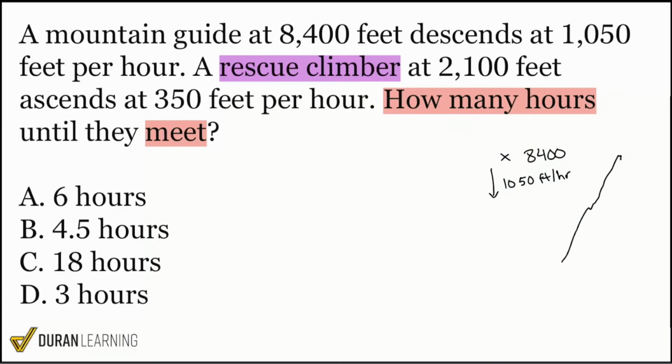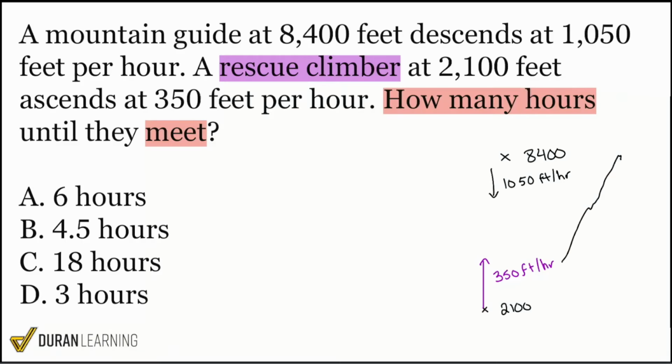The rescue climber starts at 2,100 feet, so all the way down here. And what happens is they ascend at 350 feet per hour. Okay, so let's write that down and show that here, that we're ascending at 350 feet per hour.